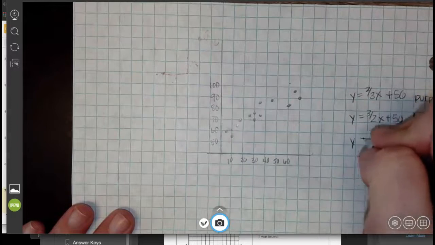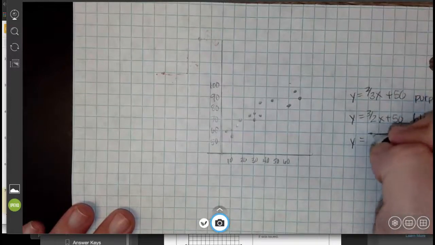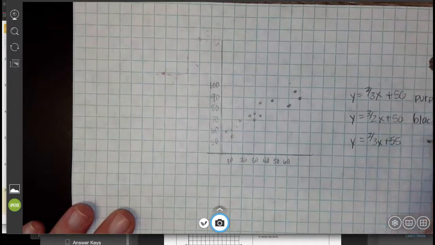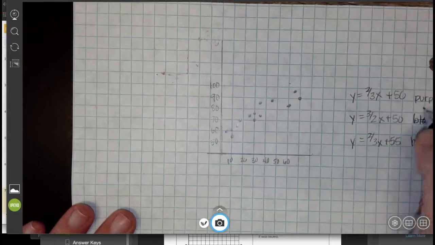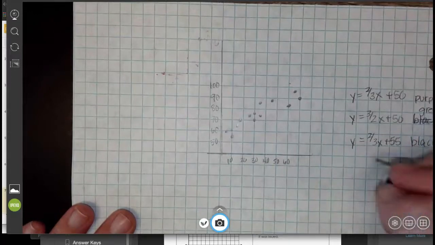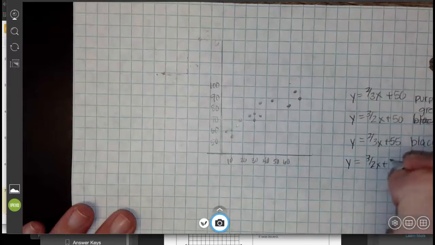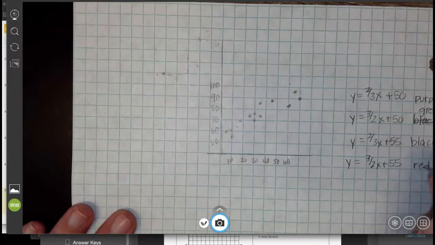Then y equals 2/3 x plus 55, which was, I think, a green. Oh, wait. This one is black, my bad. And this one is green. And then y equals 3/2 x plus 55, which is the red line.